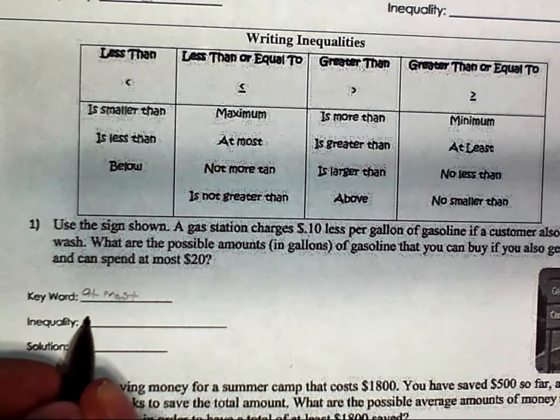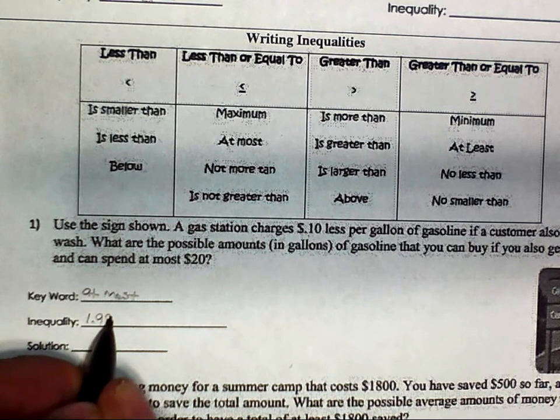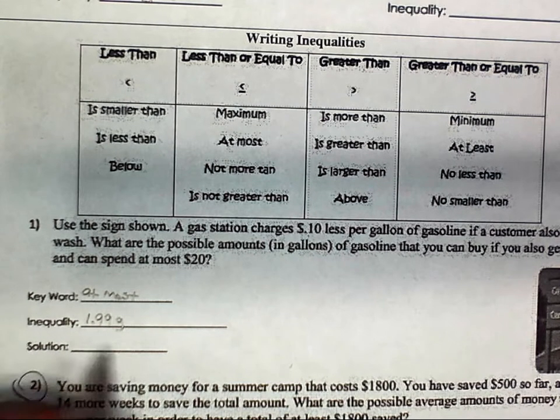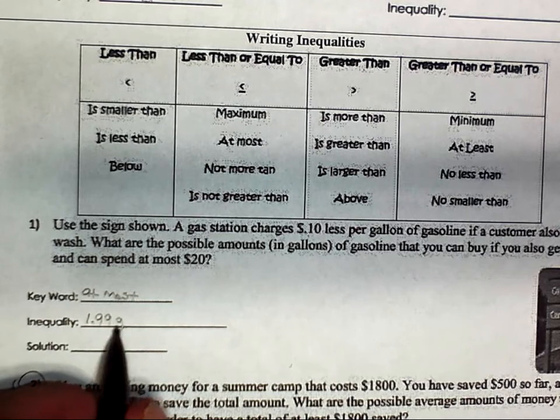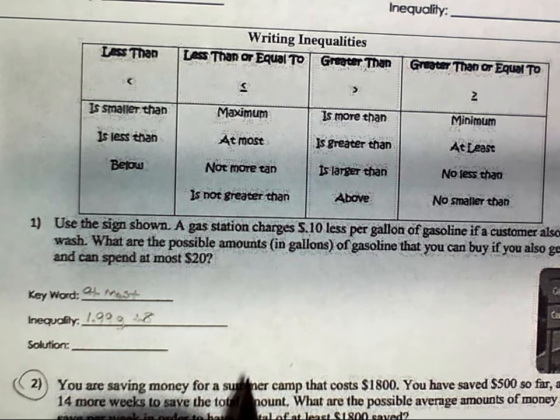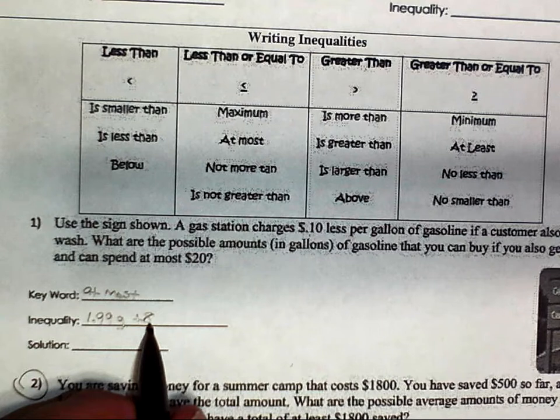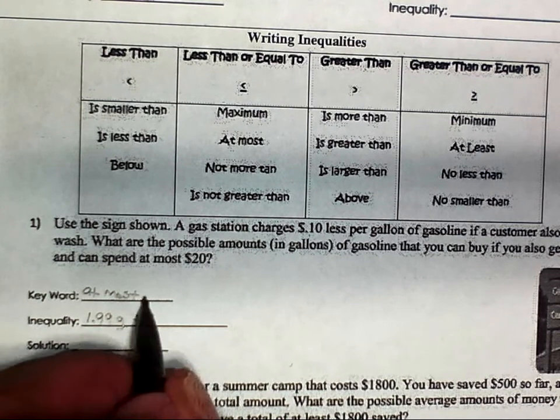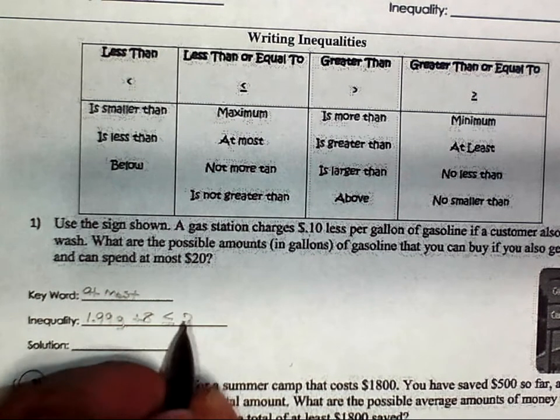Okay. 2.09 minus 10 cents should be 1.99. I'm going to use G for gallons. So this is the number of gallons times the price per gallon plus $8, because that's how much the car wash is going to cost me. And it's going to be what? At most. So it's going to be less than or equal to $20.